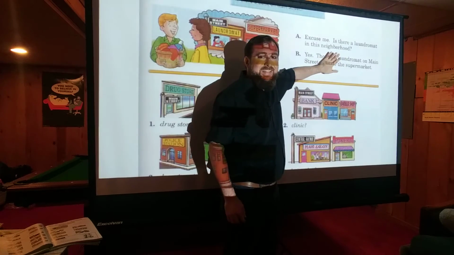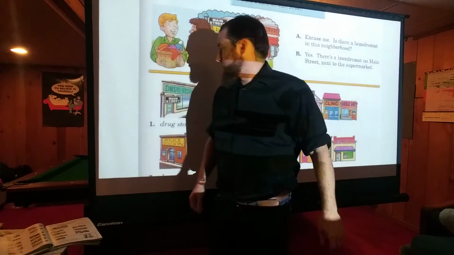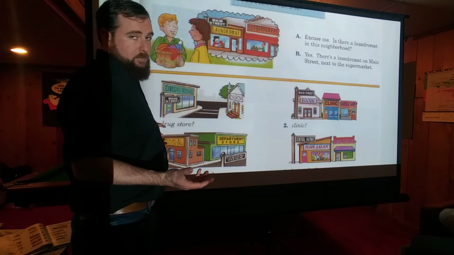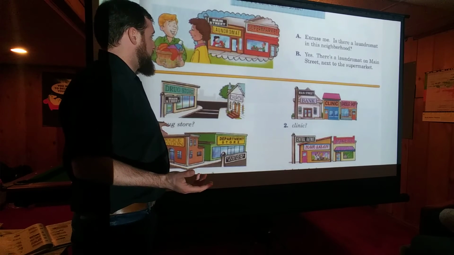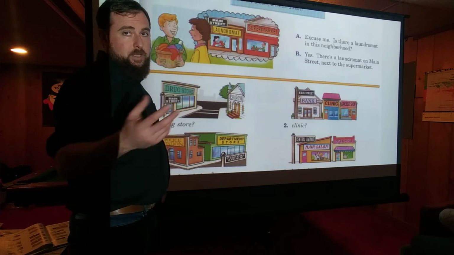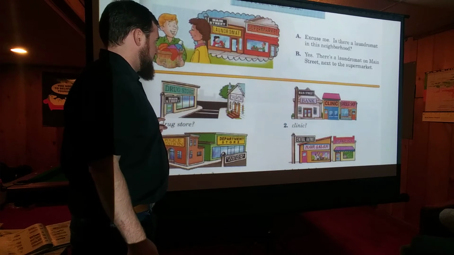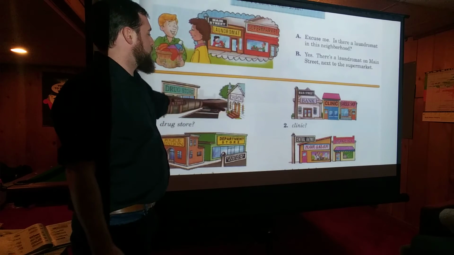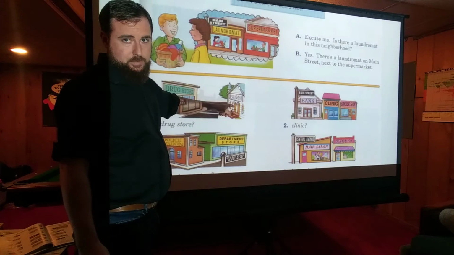We're going to practice this, okay? So number 1, you will write, excuse me, is there a drugstore in this neighborhood? And then you'll answer, yes, there's a drugstore on Main Street, across from the church.